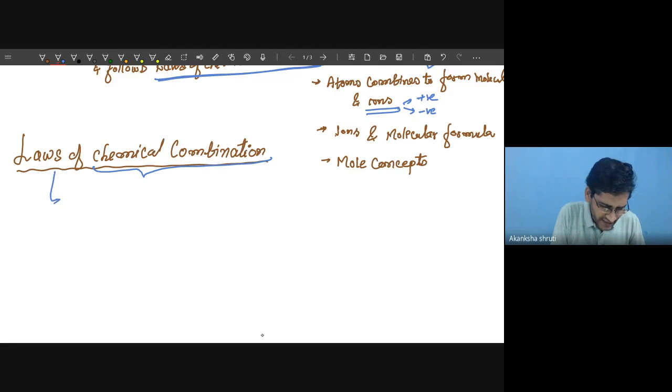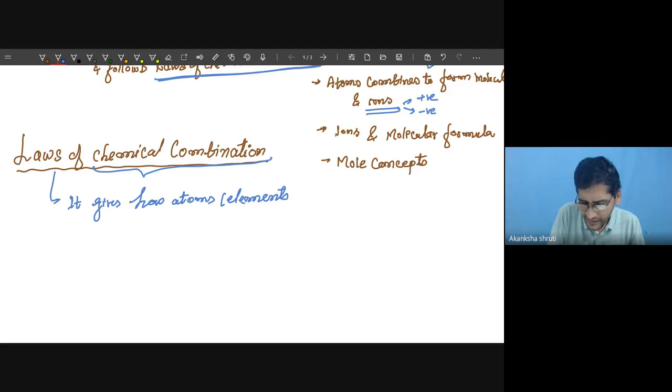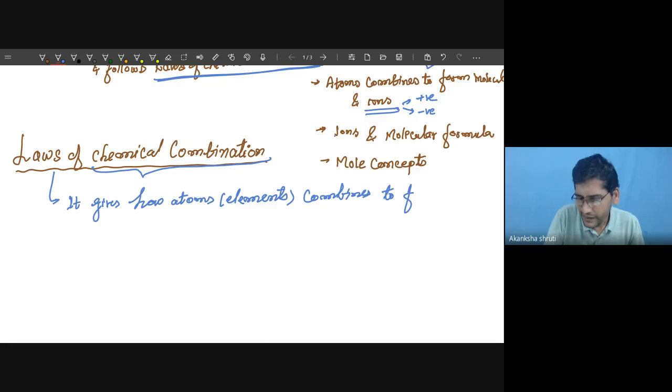So this tells how atoms or elements combine to form a compound, a molecule, and the pure substance obtained by this chemical combination is called a compound.